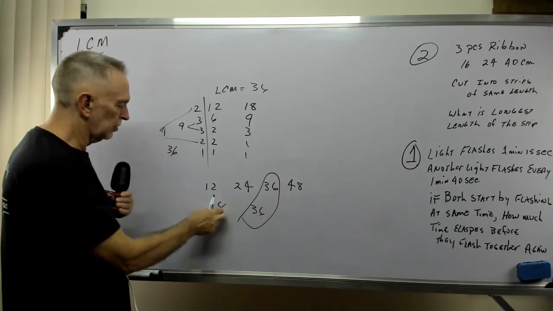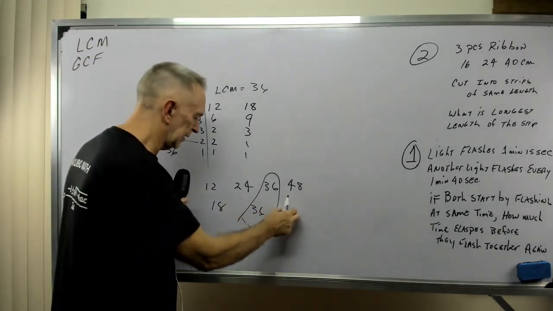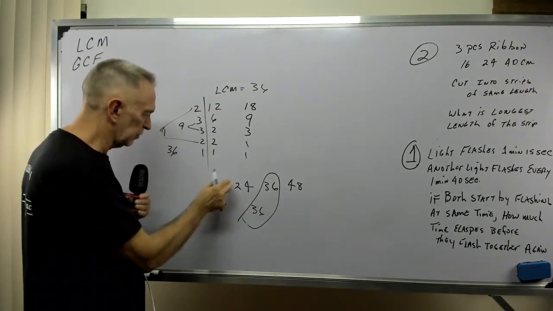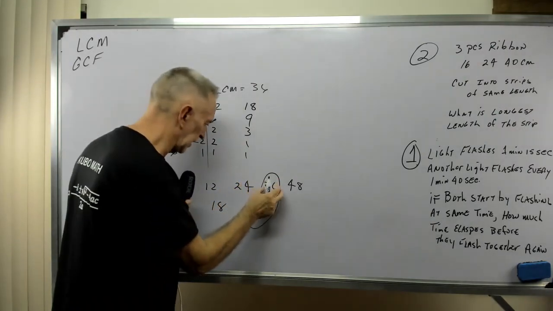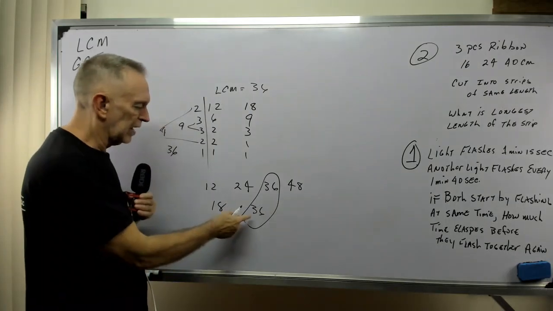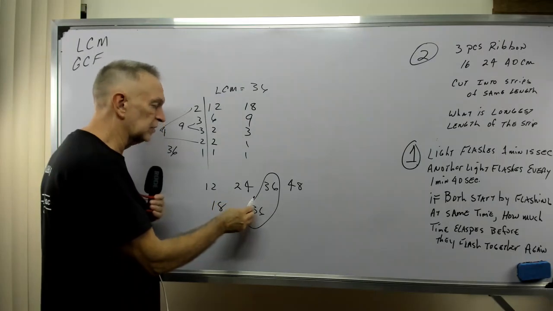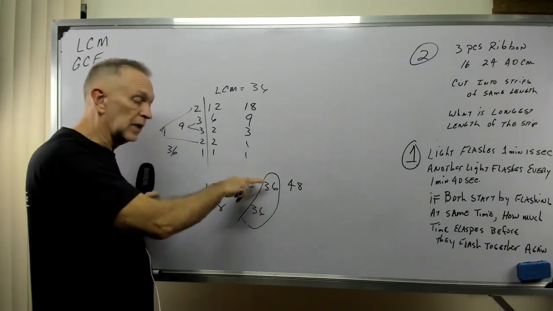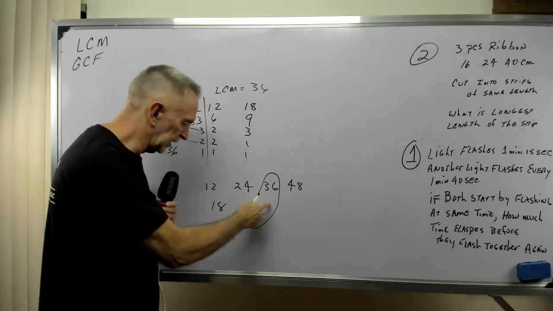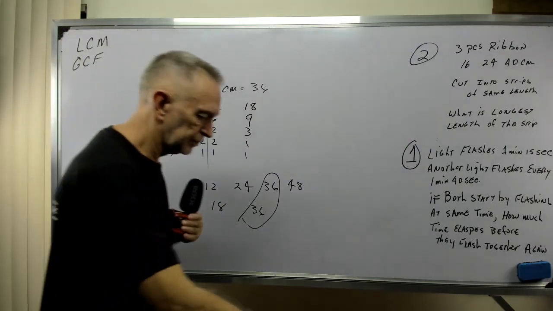And it's just when you take 18 times 1, 18 times 2, 18 times 3, 18 times 4, and then this one was 12 times 1, 12 times 2, 12 times 3, 12 times 4, and so on. And then you're trying to find the least number that's common. Common means in both. The least in both number. That's what you're looking for. And that's the least common multiple.